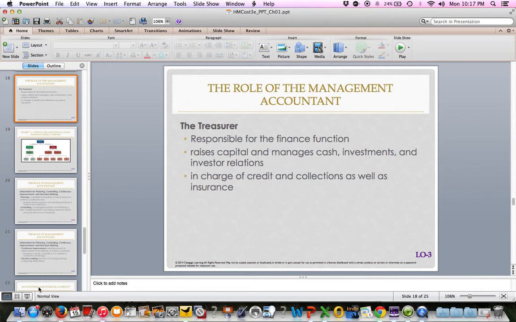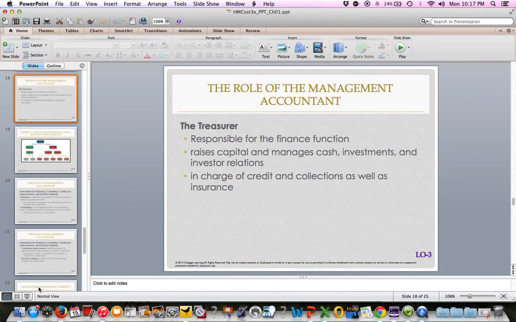The treasurer of a company is typically more involved with finance. They're more concerned with cash management. Where's our cash come from? Where does our cash go? Making sure that we've got good relationships with our banks. If we need loans, that we can work through those with our banks, managing those relationships. Also managing any invested assets that we have.